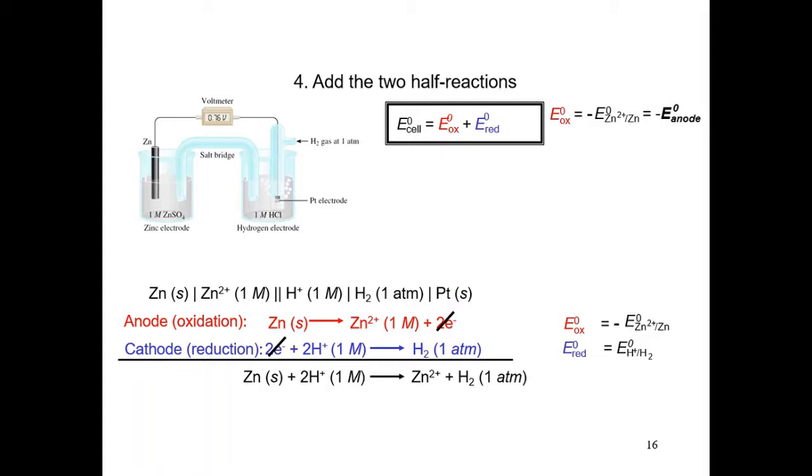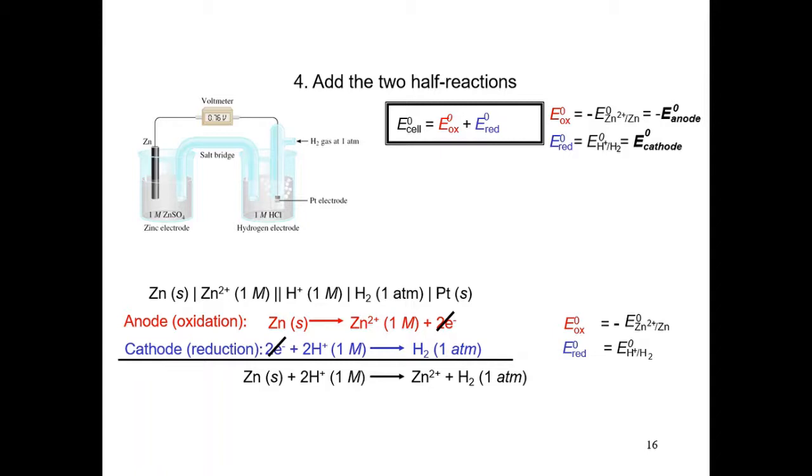Therefore, we can say that at the anode, we're going to consider the negative of whatever the reduction potential is at that electrode. For the reduction part, we have hydrogen ions being converted to hydrogen, so that gives us the potential at the cathode.